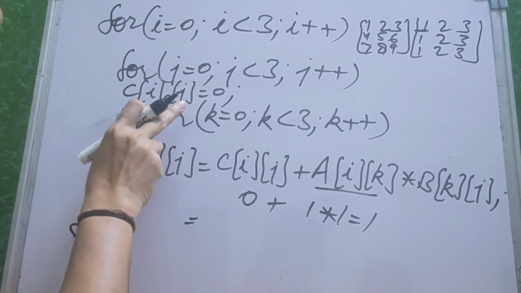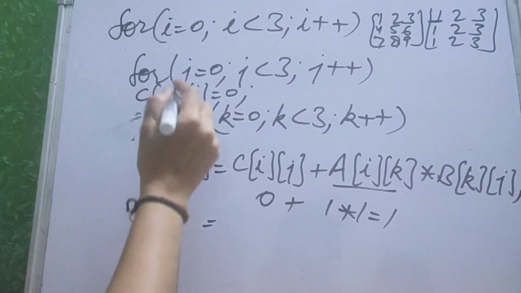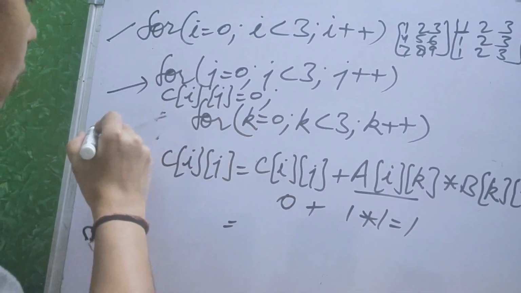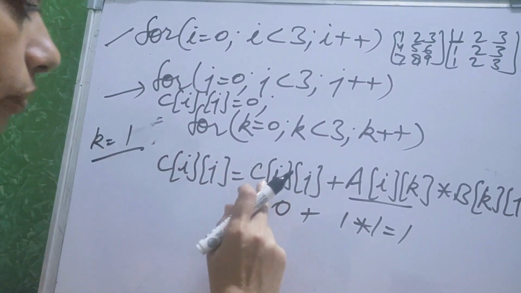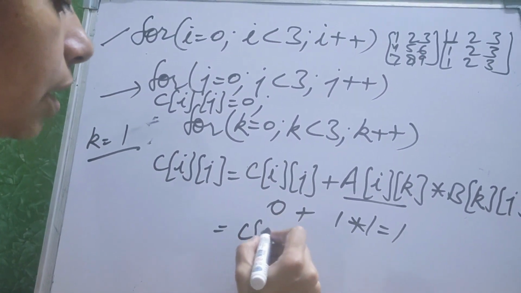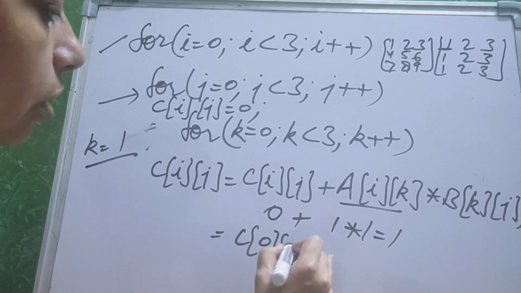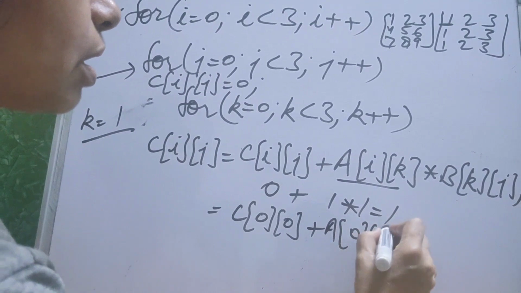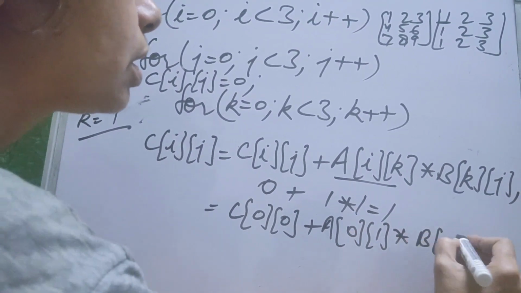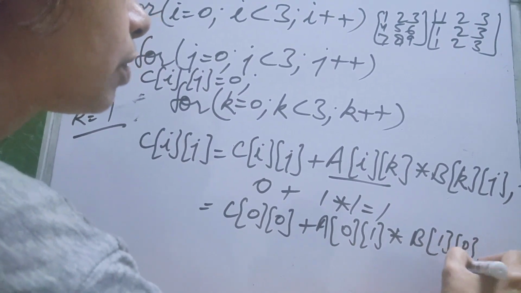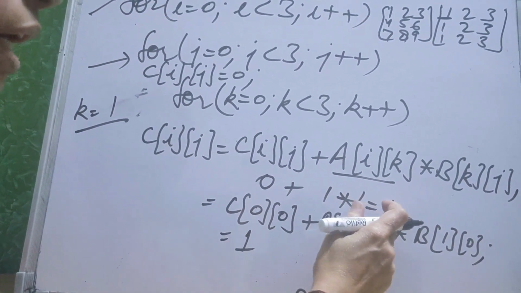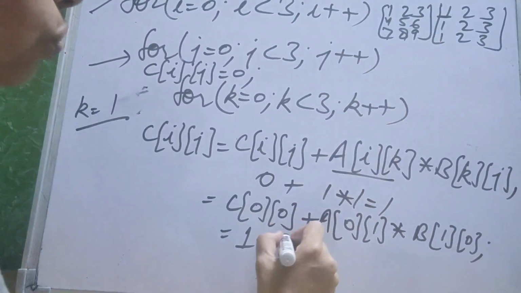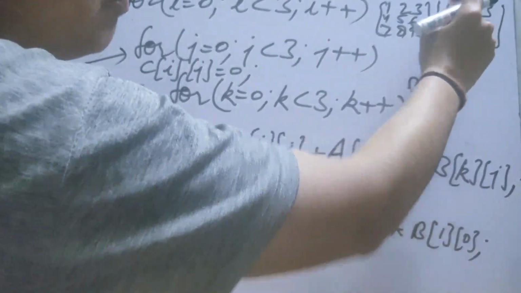Again the loop goes on. I is fixed, J is fixed. Then K value changes to 1. Now C00 plus A01 into B10 equals, it's 1 as we know from here, plus A01 is 2 into B10 is 1.